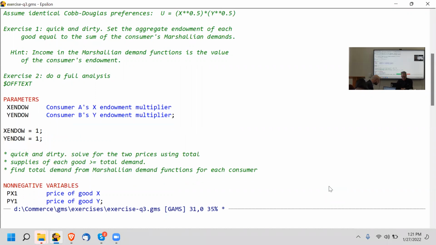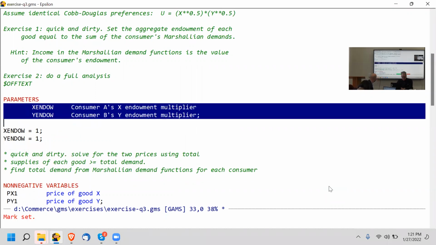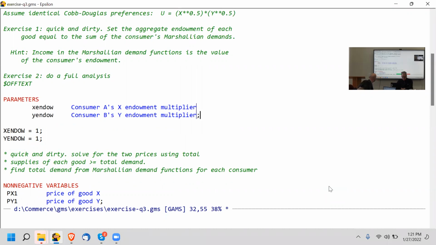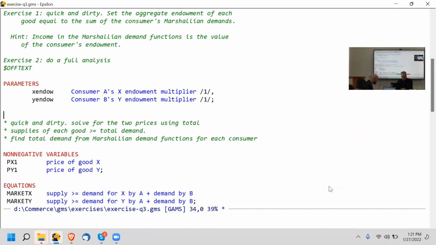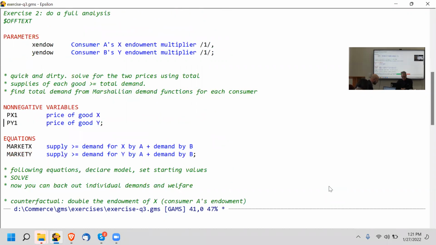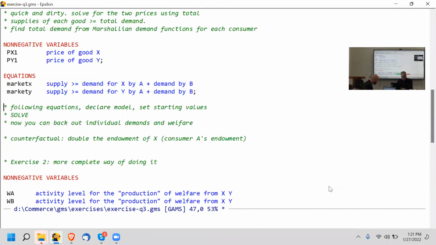So let's just pull these in so that it's a little bit cleaner. Non-negative variables px1, px2, market x, market y.